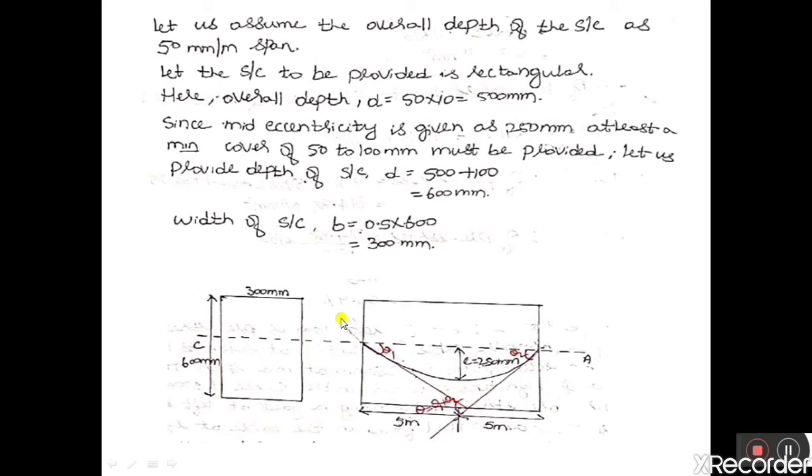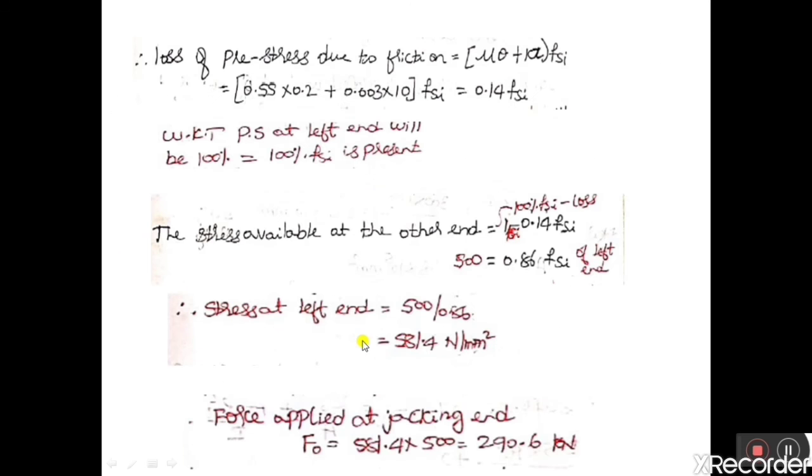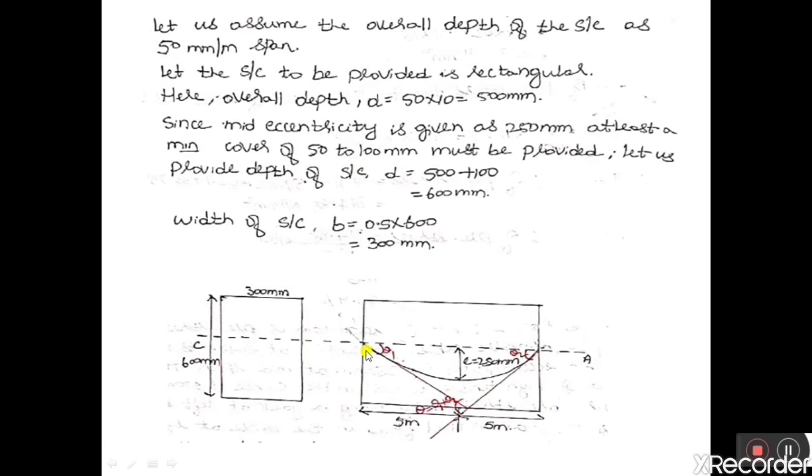The loss of pre-stress at the jacking end is 0 due to friction because there is no friction at this jacking end. So we can tell that pre-stress at the left end will be 100%, that is equal to 100% of Fsi is present. So here the pre-stress is full.